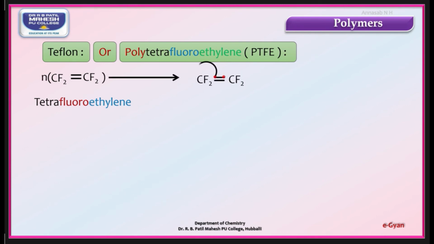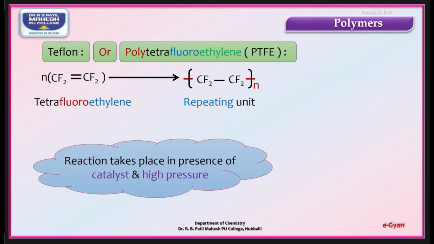The polymer formed by polymerisation is Teflon, where the repeating unit is CF2 and the polymer is formed. The reaction takes place in the presence of a catalyst and high pressure. Here the catalyst usually is O2, oxygen.